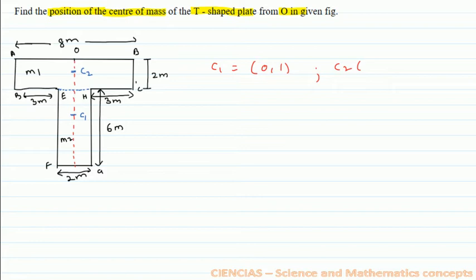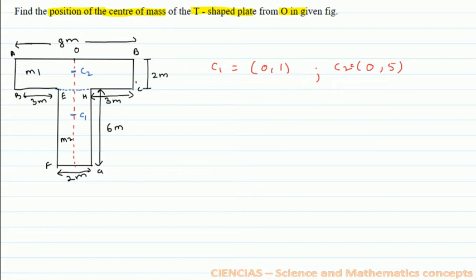So the y value is 1 meter, and the x value is 0 because we will consider the line passing through O as the y axis. For the vertical plate, the center will be at 3 meter plus the top 2 value, 5 meter. So these are the coordinates of C1 and C2.